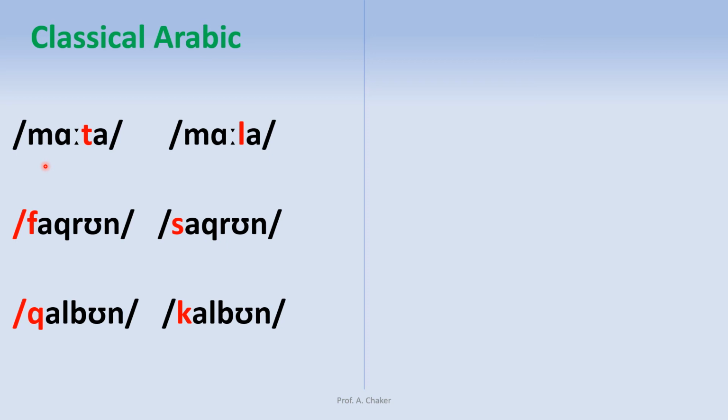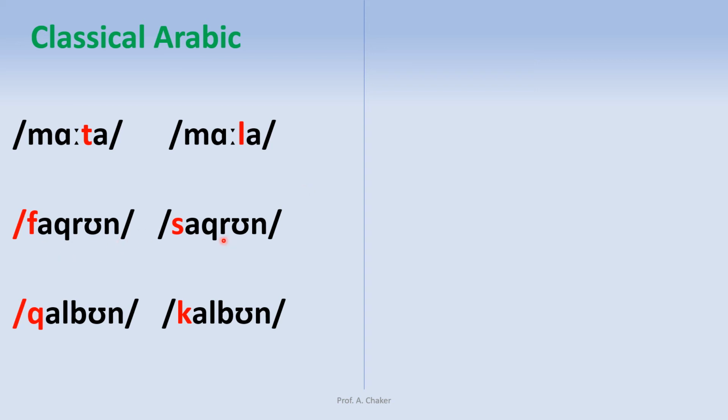So just follow what you hear, listen to yourself, and use the symbols that you know. Of course, there are some phonemes, some speech sounds, which exist in Arabic and don't exist in English. Alright? This means that there are other symbols. So, mata. It's a long A. You see? Mala. So, T and L are phonemes in Arabic.